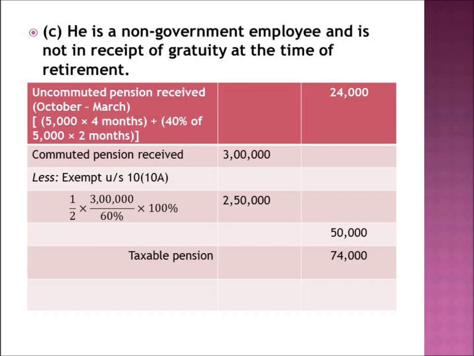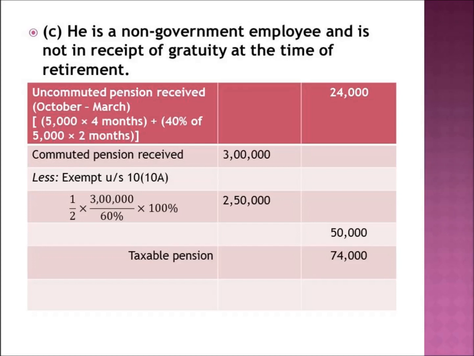So when we divide 3 lakh by 60%, we get the value of 100% commuted pension. Since he commuted 60% and got 3 lakh, from this data we can calculate how much he would have received had he commuted 100% of his pension.